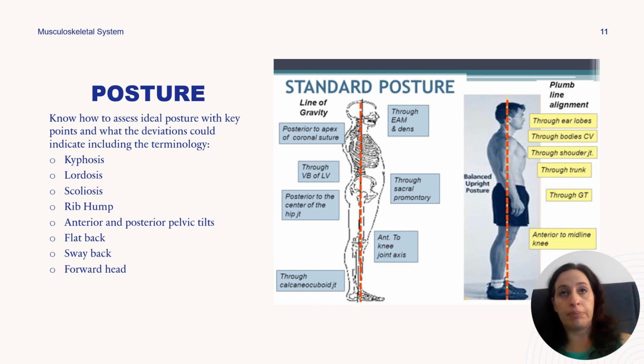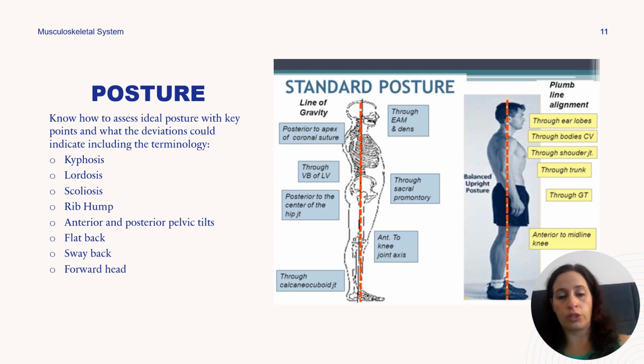That is going to be analyzed by either a picture, like what you see there, with a patient standing in front of a plumb line, or some type of model standing in front of a plumb line, and you understanding where that's supposed to fall on the plumb line for it to be the best that it can be, like through the external auditory meatus at the head, anterior to the knee joint, maybe passing through the greater trochanter, stuff like that, so that when it is not in those places, you can know that it is not normal.